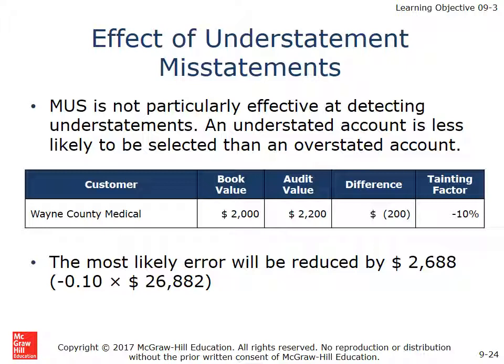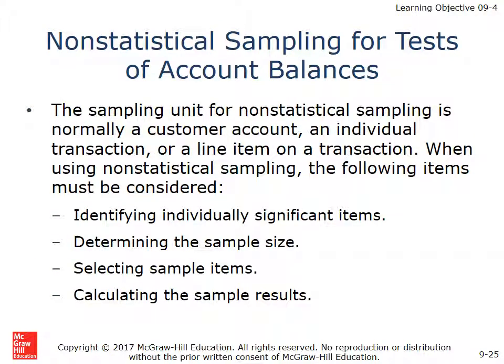Because of this, take a look. They found book value was $2,000, audit value $2,200. It was understated by $200, or negative 10%. So errors may be reduced by understating. So you got to keep that in mind as well.